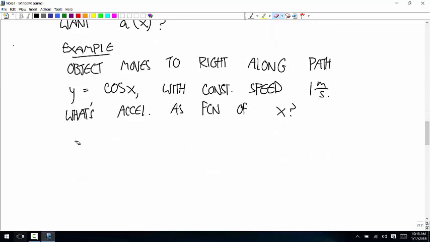Well, you can approach this the same way every time you see it. Step one, we want to find v as a function of x, given the path and the speed. That's going to be equal to the speed times a unit vector tangent to the path.